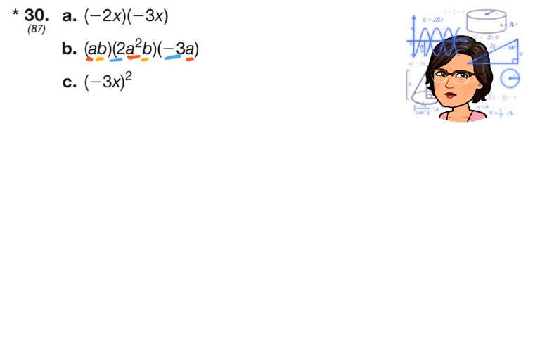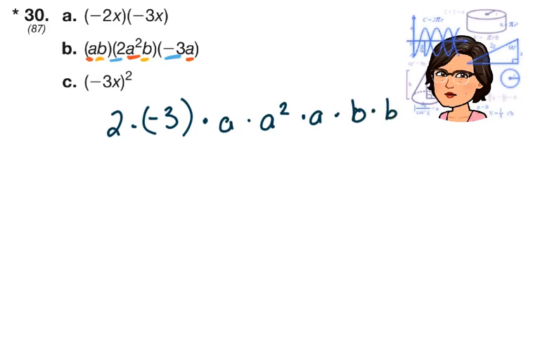So we're going to do 2 times negative 3, and then we're going to do a times a squared times a times b times b. So 2 times negative 3, and then you're going to count how many a's you have and how many b's you have, and that's going to give you your final answer.